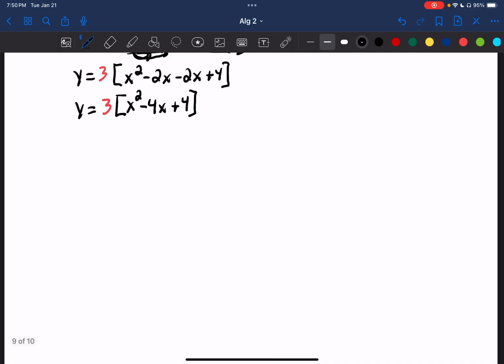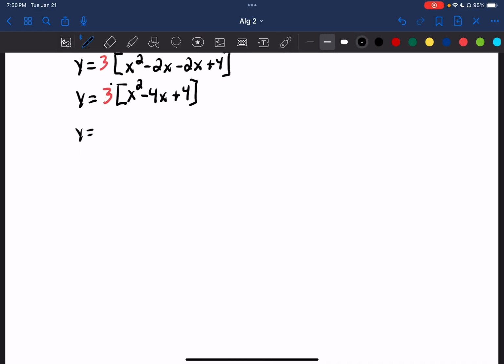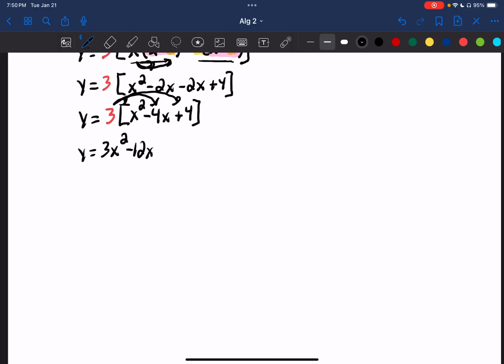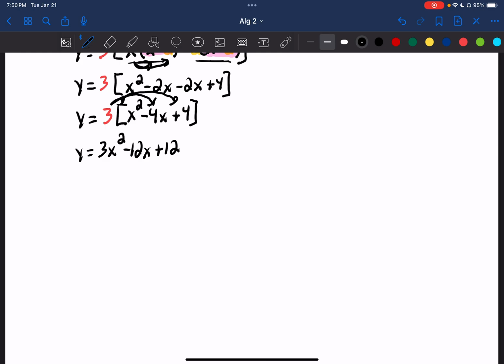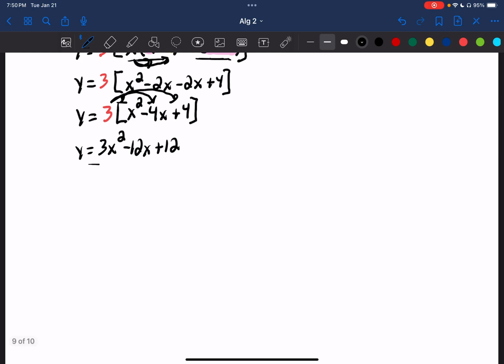So to do that, y is equal to 3 times x squared, 3x squared, 3 times -4x is -12x, and then 3 times +4 is +12. And so this here is our standard form.